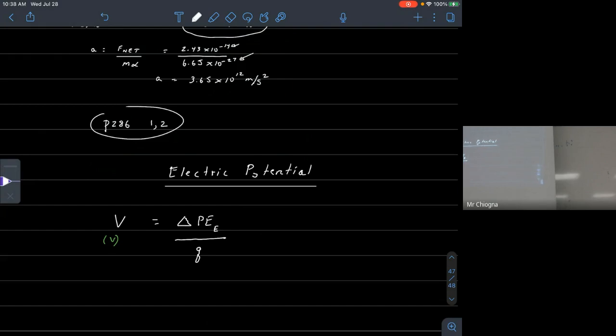Okay, now, what is that change in potential energy? For electricity, it's this. It's very similar. And yes, the negative is taken into account. When you're calculating this, you have to include sign.